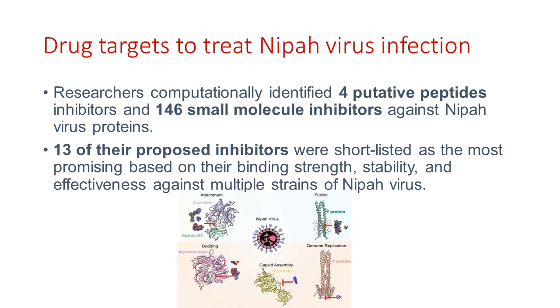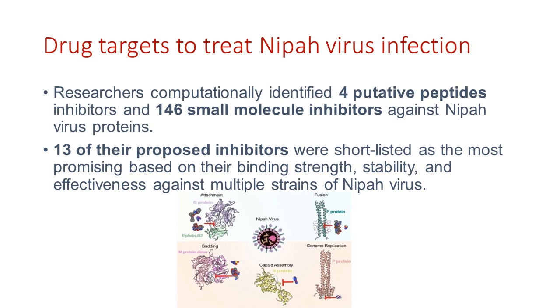As we can see in the diagram, there are proteins such as the G protein, which is involved in the attachment of the virus to the host. Similarly, we have the M protein dimer, which helps in budding. Similarly, we have other proteins which help in capsid assembly, genome replication, and fusion.